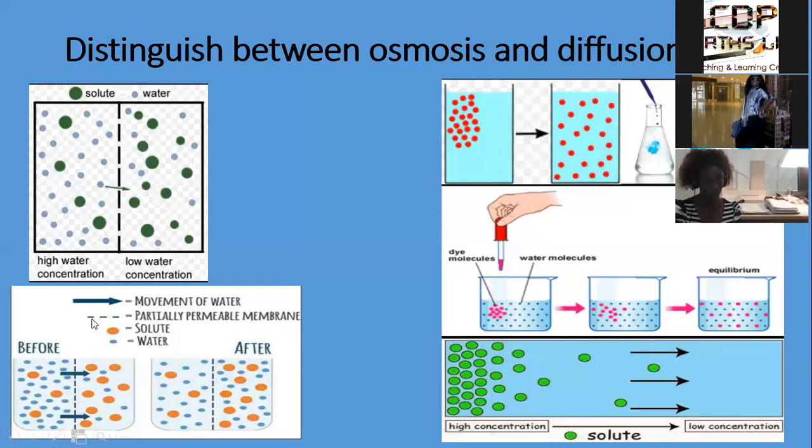See the other photograph, that's why I put the two photographs there, so you can use them to determine something. This broken line here represents what we call the partially permeable what? Membrane. Good.